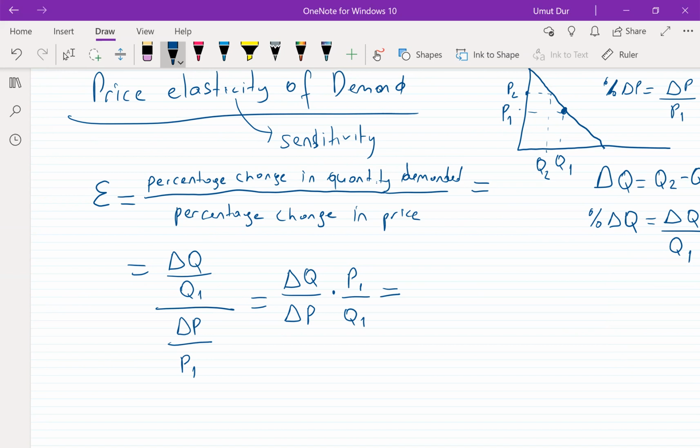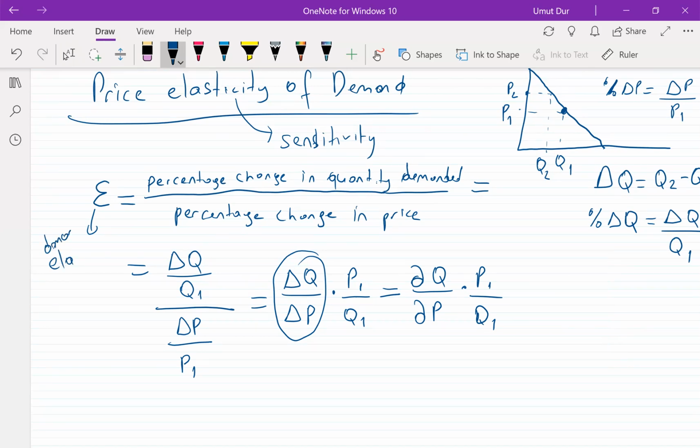In fact, this change in quantity divided by change in price is the derivative of the demand function with respect to the price, and we will multiply it with the ratio of the initial price to the initial quantity. So this will basically be a number, and this will give the demand elasticity.